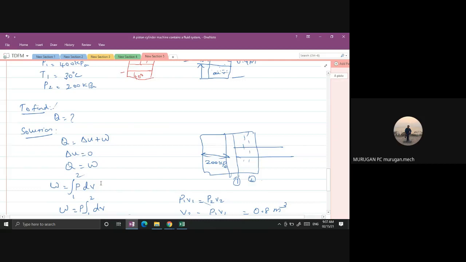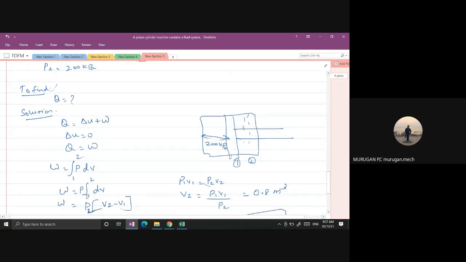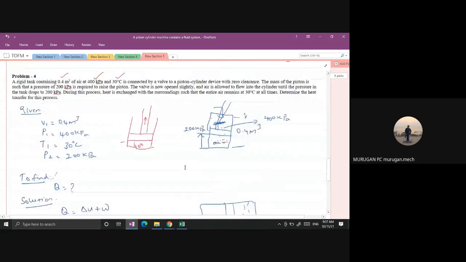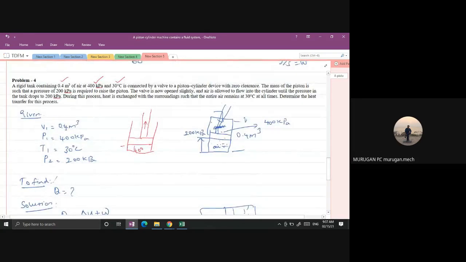We take P outside, and the integral of dV from 1 to 2. We don't know the value of V2. இதுல வந்து V2 கம்மியா இருக்குமா கூடுதலா இருக்குமா? When we give the pressure to the cylinder, the piston moves upward, so the volume will increase. V2 வந்து 0.4 விட கூடுதலா இருக்குமா கம்மியா இருக்குமா?